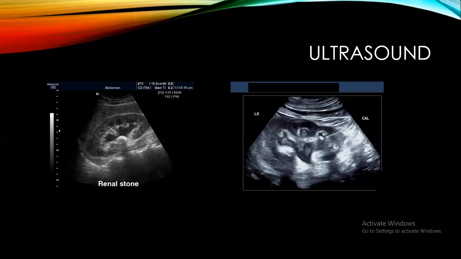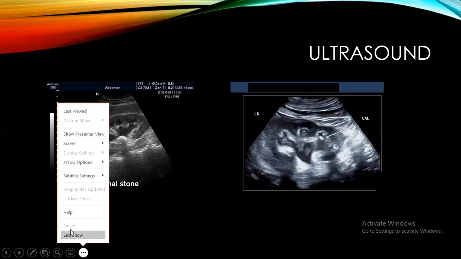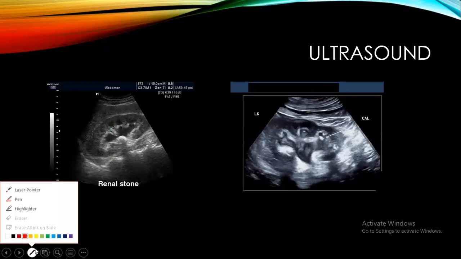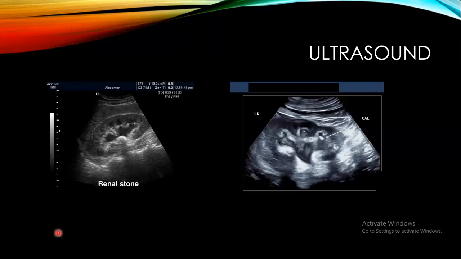طبعا تعرفون الجهاز الالتراساوند consists of two units. The monitor, which displays the picture of the internal organs of the body, and the probe. The probe of the ultrasound, at the end of it, has a small piezoelectric crystal, and this piezoelectric crystal, when stimulated by electricity, will undergo vibration, and the vibration will emit a sonic wave.